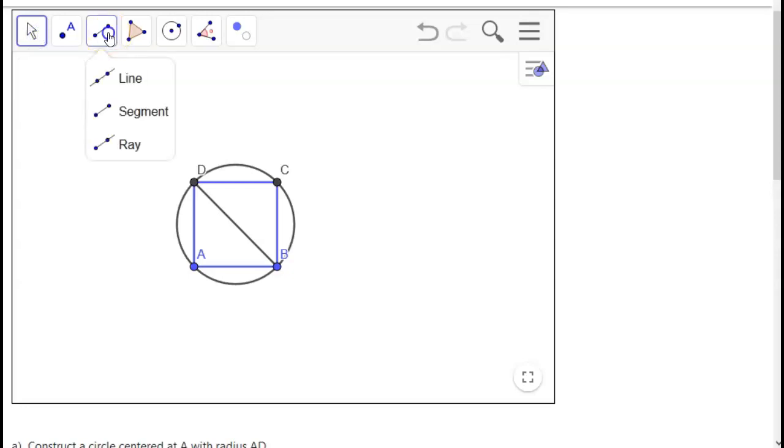But I'm going to draw this segment back in. Now, these two diagonals of the square are actually diameters of the circle. And we started off with one of those diameters. And in order to figure out where the center is, we can't just eyeball it. We had to actually do the perpendicular bisector of this segment right here.